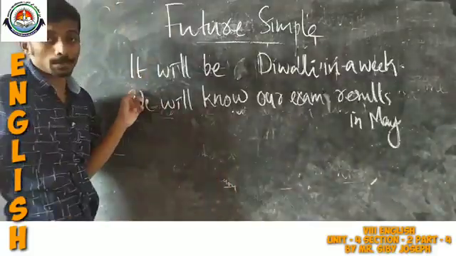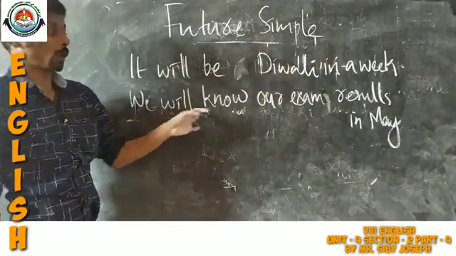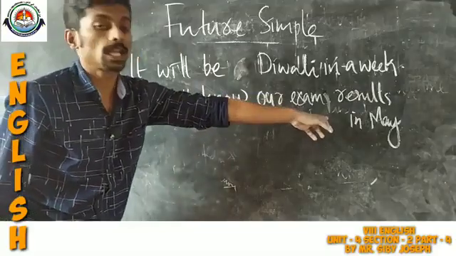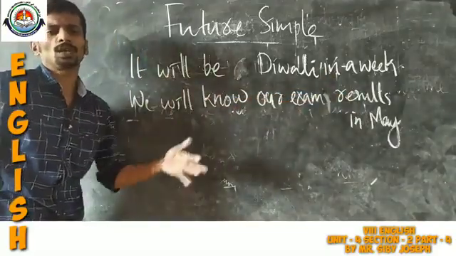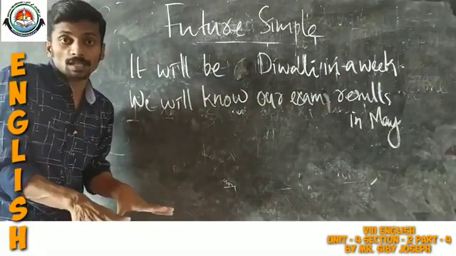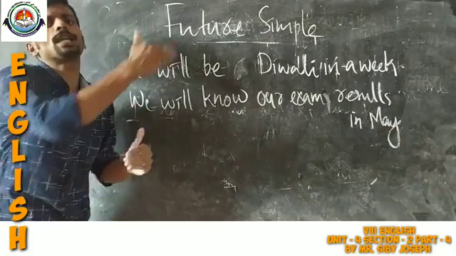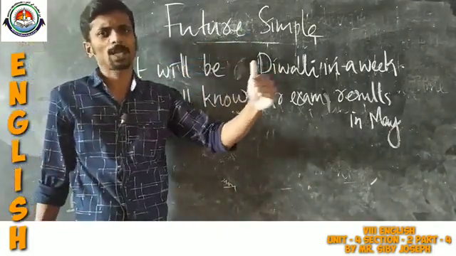Look at these examples. It will be Diwali in a week. We will know our exam results in May. All these are referring to something that has not happened at present, but is likely to happen within a particular period of time.